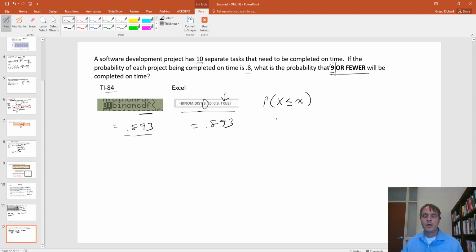What if we were interested in, for example, the probability that x is greater than a certain value of x? Let's say the probability that x is greater than 9. Well, there are two ways to do that. There's only one other case, that is all 10 succeed.